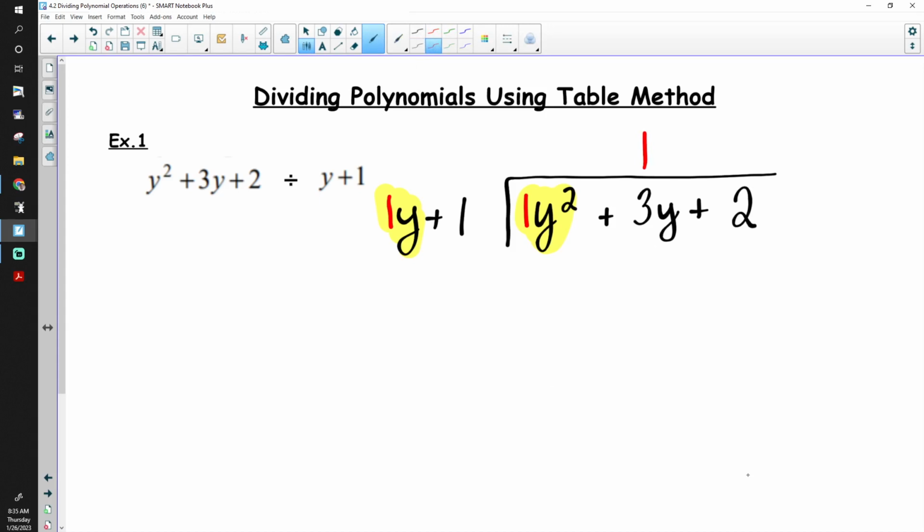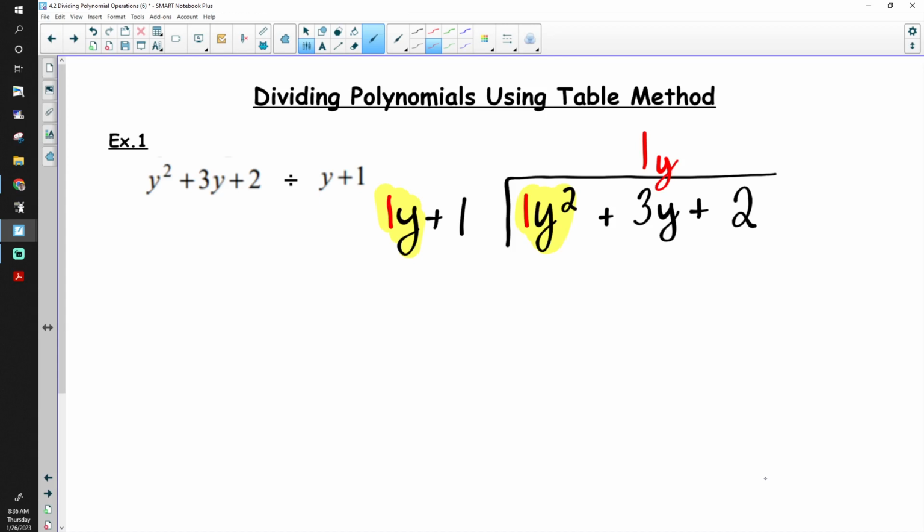Okay, and now the tricky part. I have a y. I need it to be a y squared. What is it missing? It's missing a square. This term only has a single, it's just a y. What can I multiply y by to make it y squared? Y. So I need 1y.